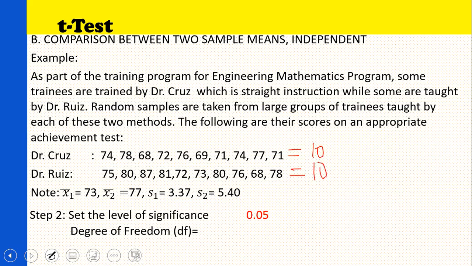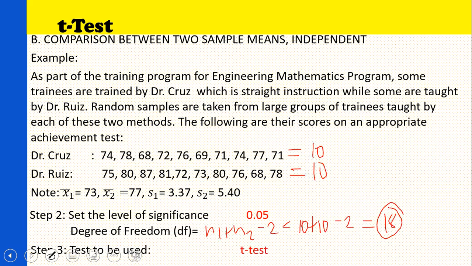So this time we're going to add them, 10 plus 10, then minus 2, using our formula n sub 1 plus n sub 2 minus 2, which is equal to 18. And what will be our test to be used? This is a t-test, and it falls under one-tailed test.